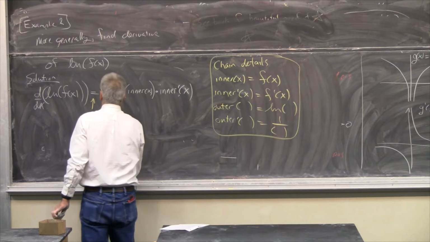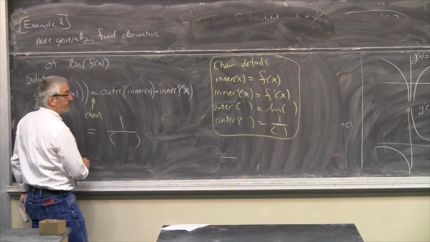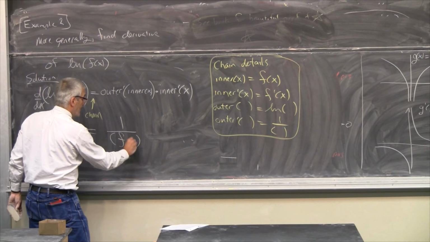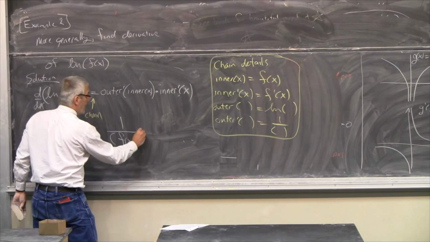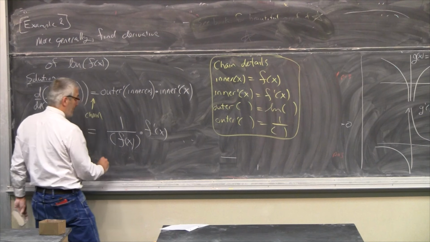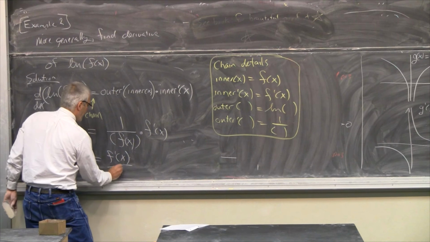So when I assemble all those parts, I get 1 over parentheses. That's my outer prime. I've got to stuff them with the original inner function, and then multiply by inner prime. If I want to clean this up, I get f prime of x over f of x.